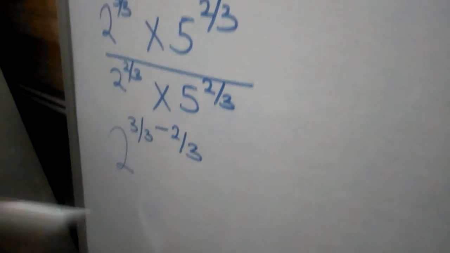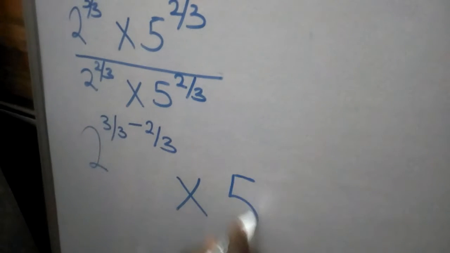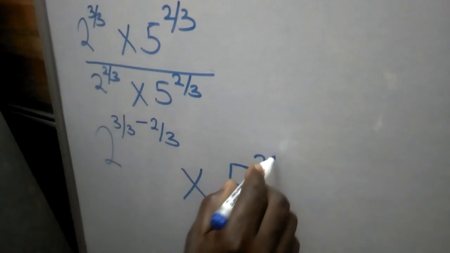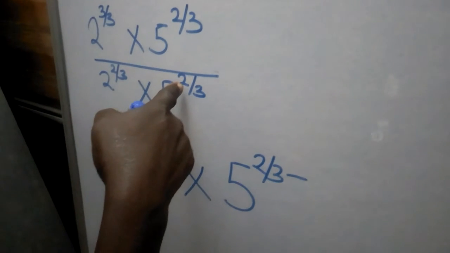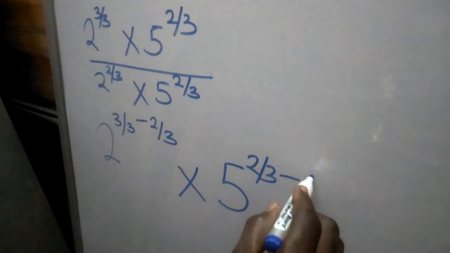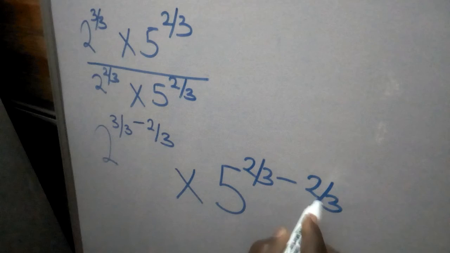To the power of 3 multiplied by 5, pick the one of the 5, to the power of 2 minus this 2 to the power of 3.